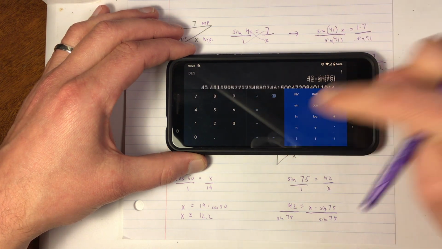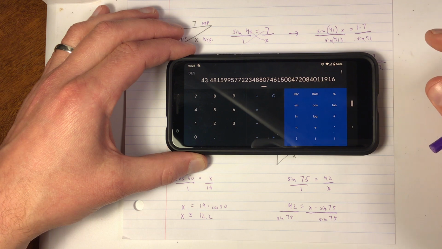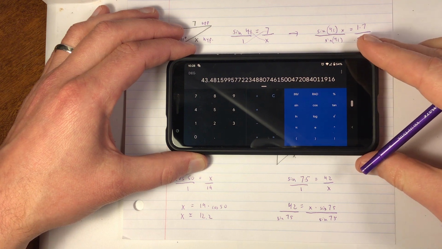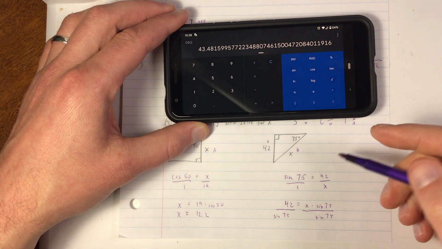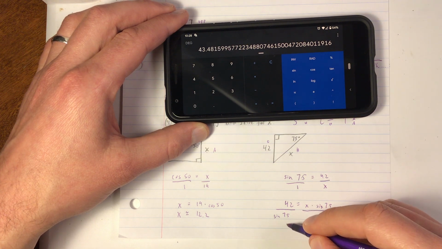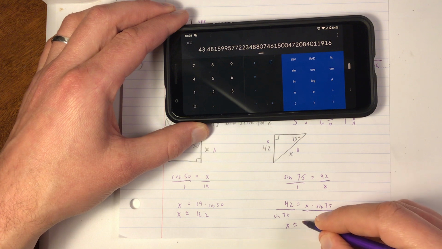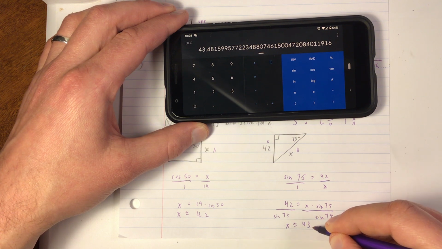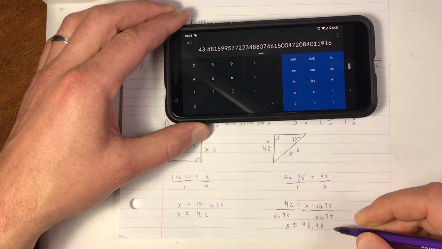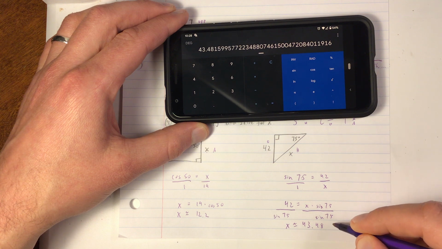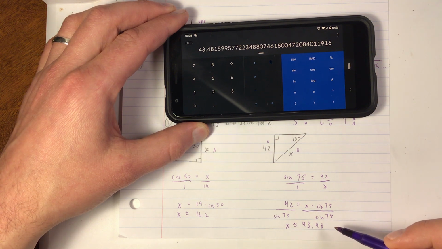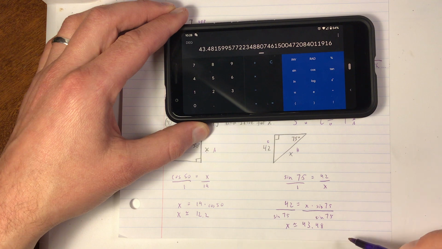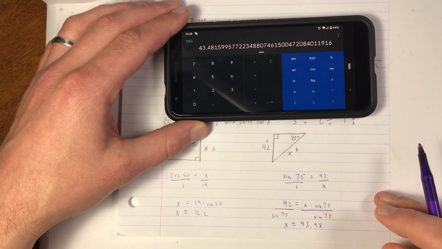Close those parentheses, hit enter. 43.48. So x, the hypotenuse, is approximately 43.48. 1599. I'll round to the second decimal place there. There you go.